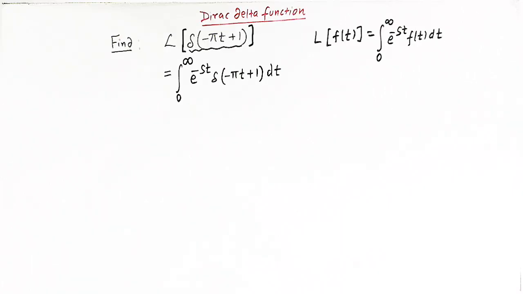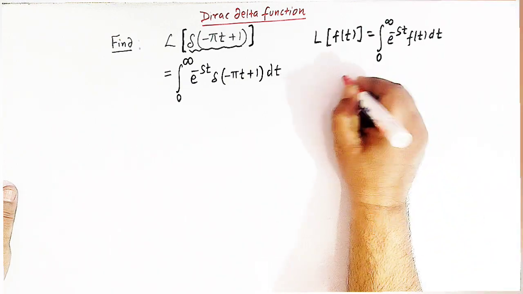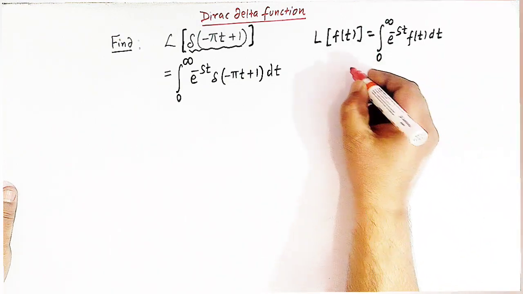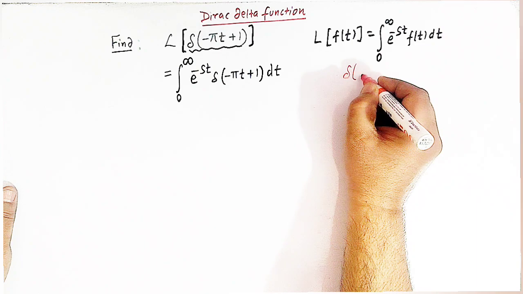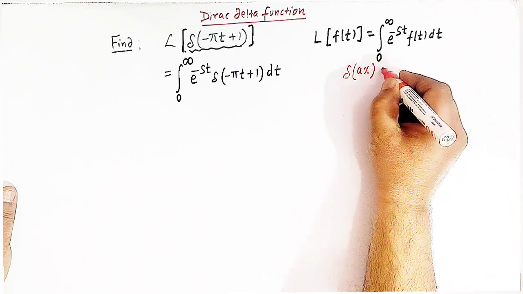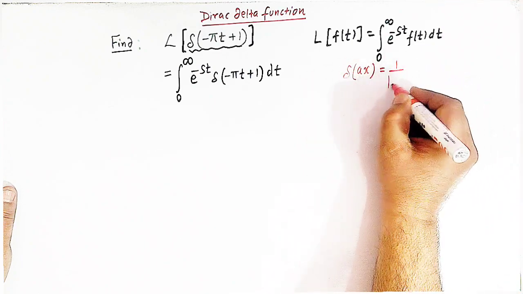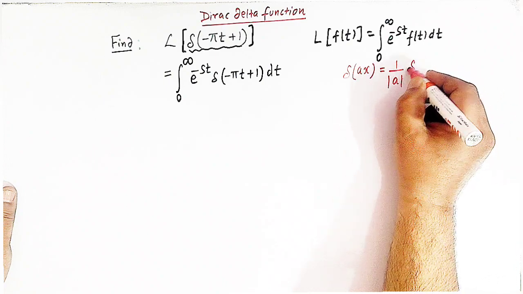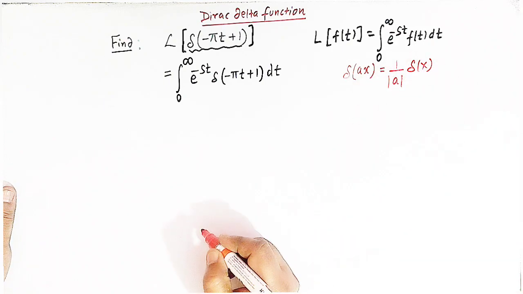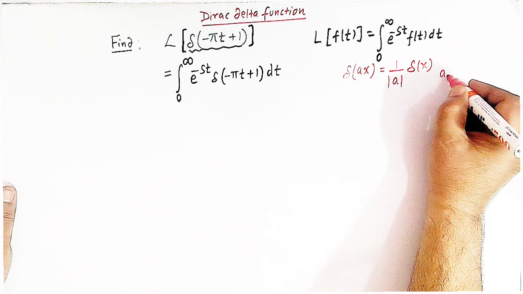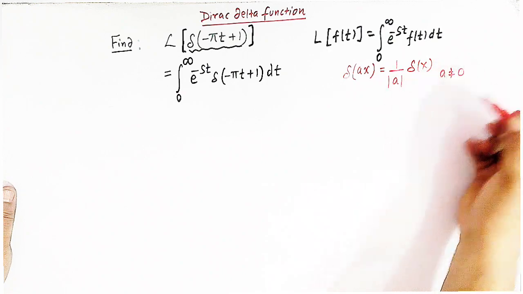Now we have an important property of delta function, that is delta of ax is given by 1 over the absolute value of a, times delta of x, where a is not equal to 0.